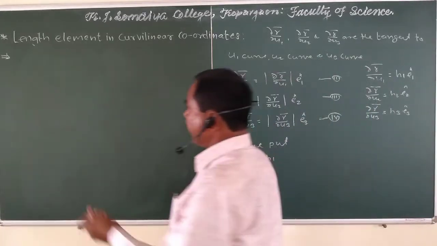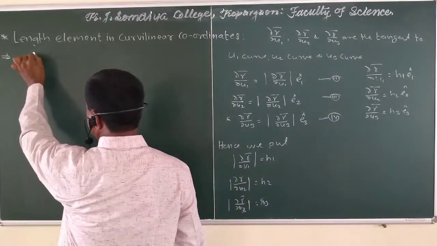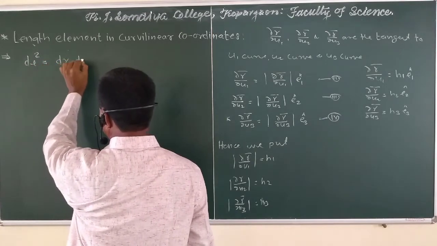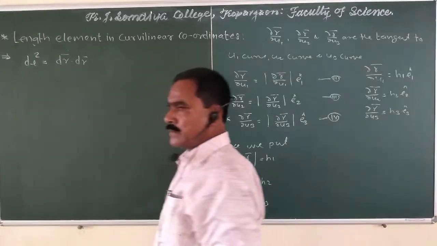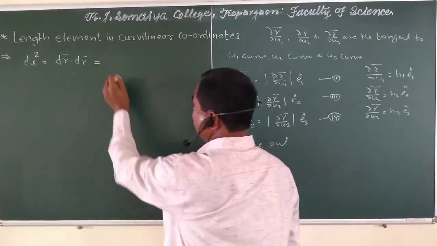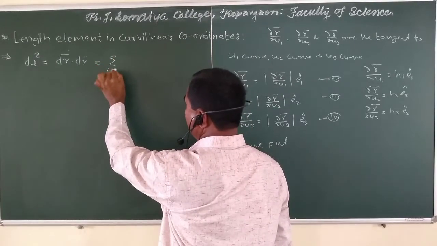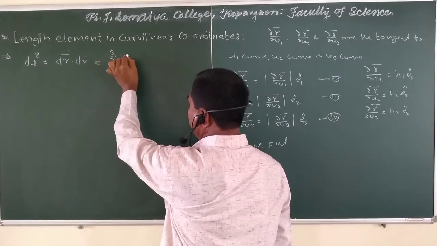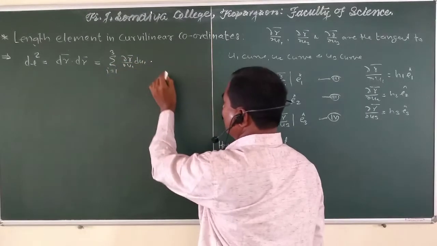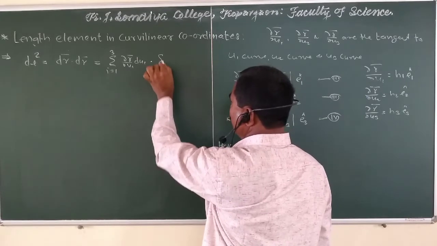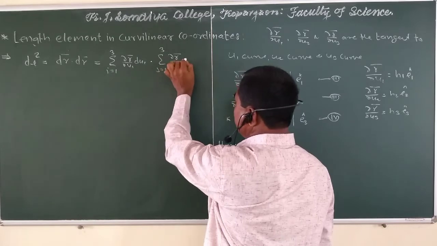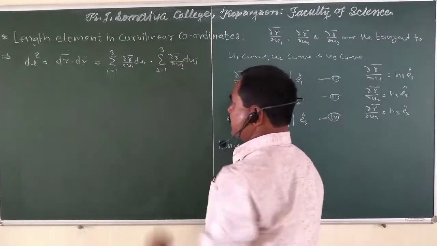So write the length element, that is dl² = dr·dr, which is equal to the summation i from 1 to 3 of ∂r/∂ui dui, into the summation j from 1 to 3 of ∂r/∂uj duj.